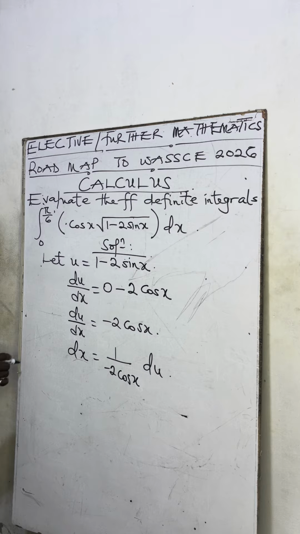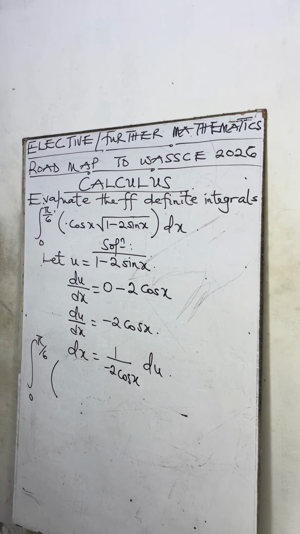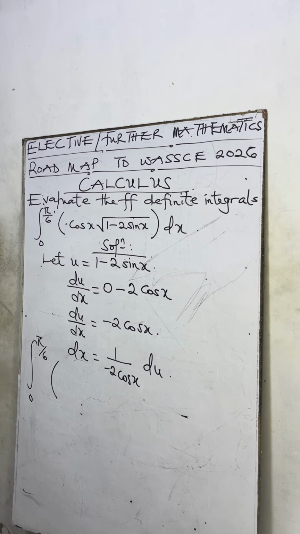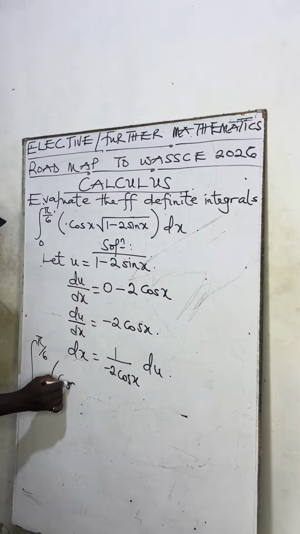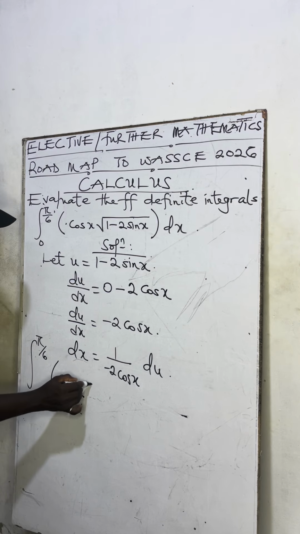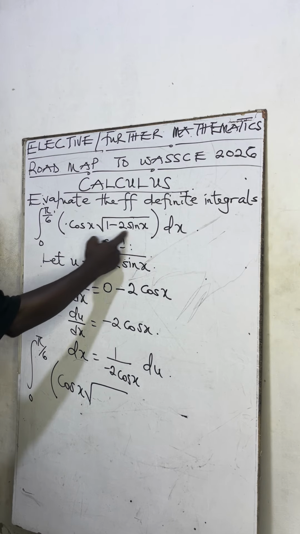So now we have the integral from 0 to pi by 6, times, open bracket, cos x square root of 1 minus 2 sine x.